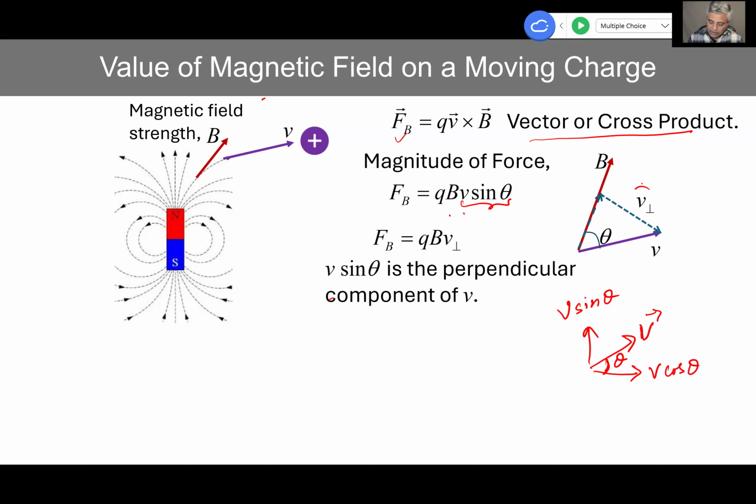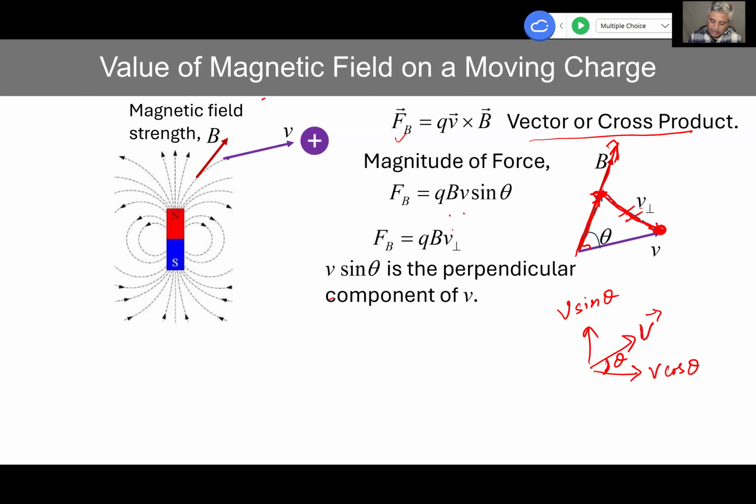So that's why this is the perpendicular component. Perpendicular with respect to what? This is parallel to the B magnetic field, and this is perpendicular to it. So you go in the direction of magnetic field, and then you go perpendicular to it until you reach the tip of that. So from this triangle, we can see this is going to be the sine component.